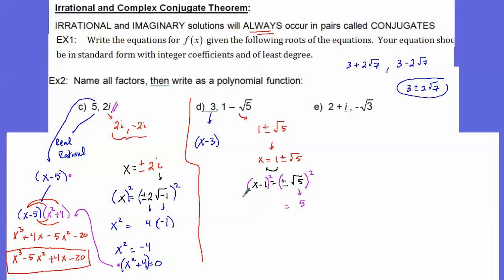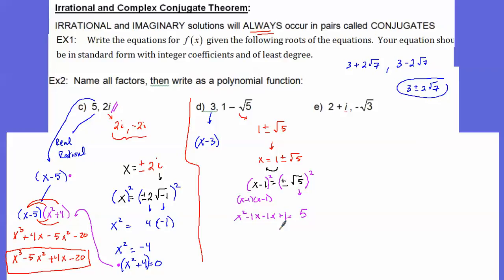On this side, what I really have is x minus 1 times x minus 1. If we factor this out, we will end up with x squared minus 1x minus 1x plus 1.